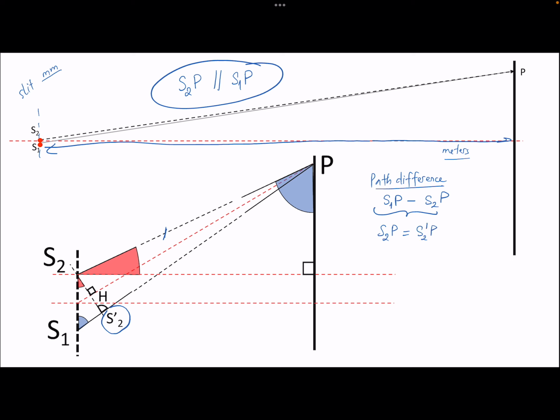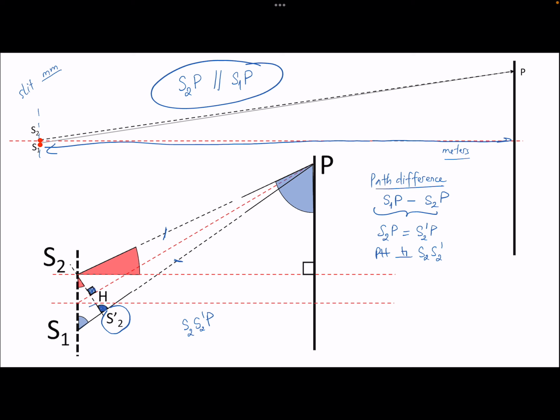Make sense, right? So then you can see that we have an isosceles triangle, and PH here is the height of that triangle. But because S2P and S1P are kind of parallel to each other, you can see that this angle here, at S2 prime P, is very similar to this angle here.